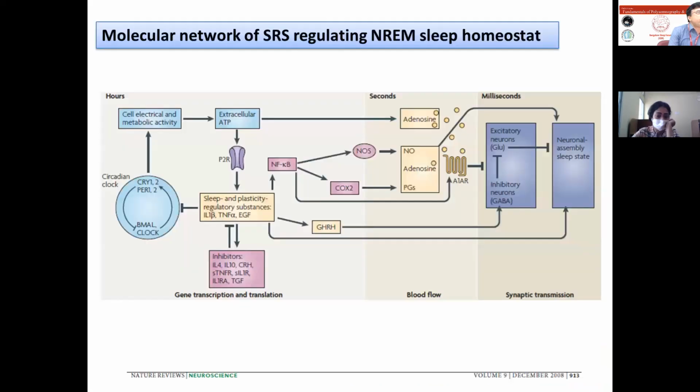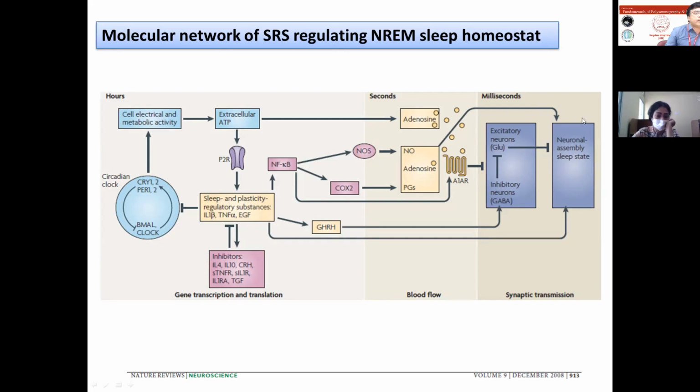So this will give you the whole network, that even at the molecular level, the accumulation of the metabolites can induce sleep, where these cytokines can in turn induce nitric oxide, and in turn adenosine, and it can act at various levels.